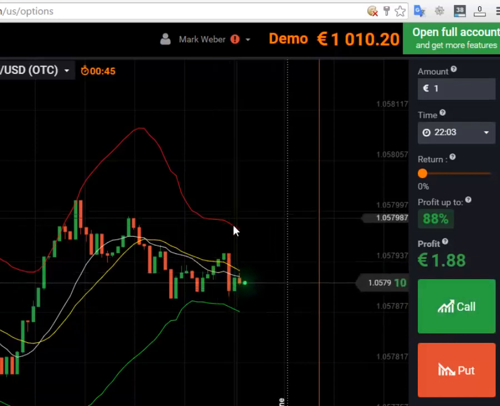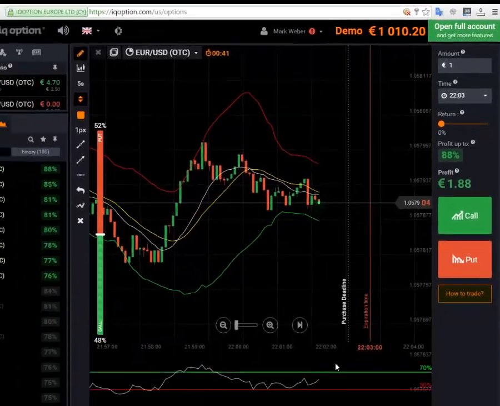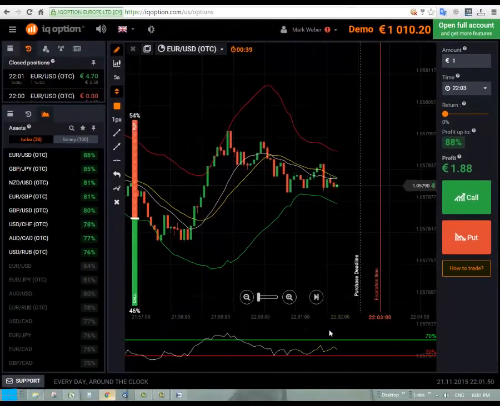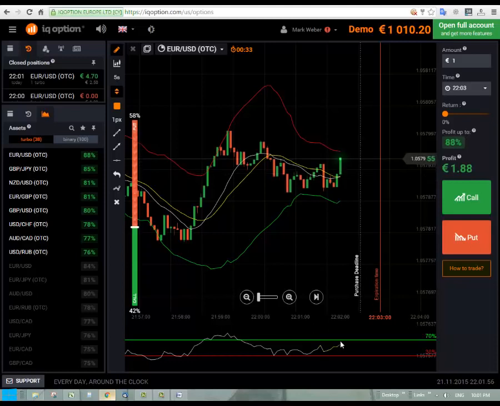If it hits the upper line, we make a put. And also we are monitoring the RSI indicator to see about the trend first of all, and then if the asset is overbought or oversold.